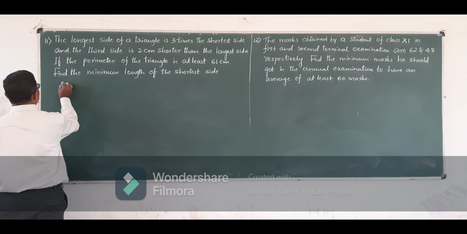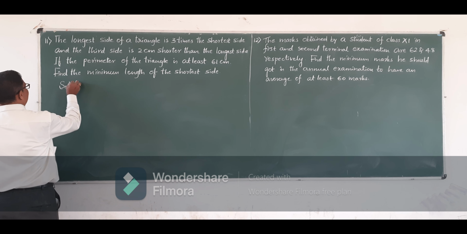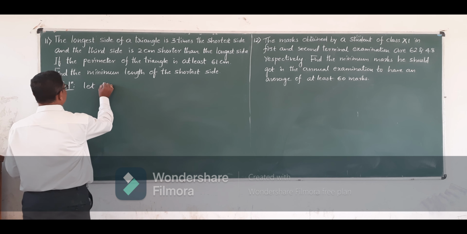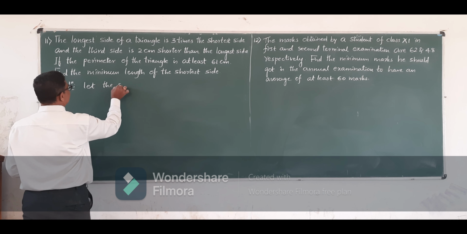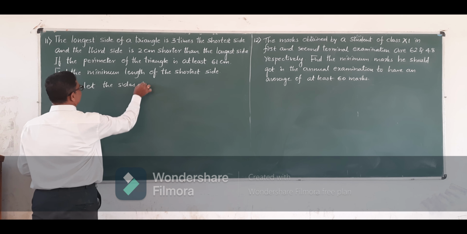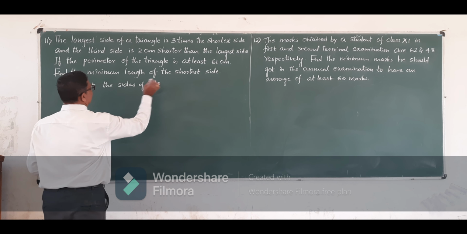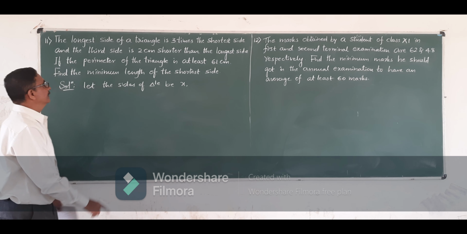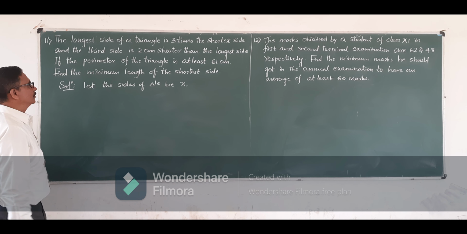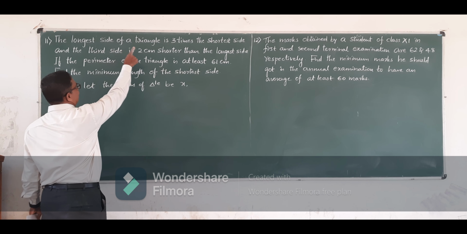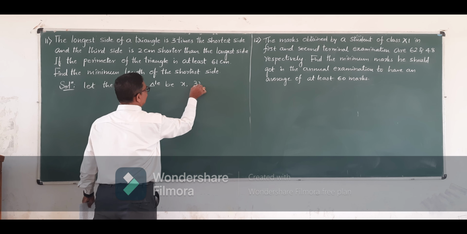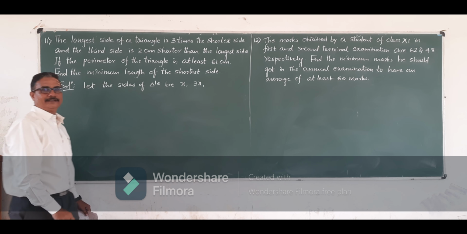Now here, let the sides of the triangle be: shortest side x, and the longest side of the triangle is 3 times the shortest side, 3x.